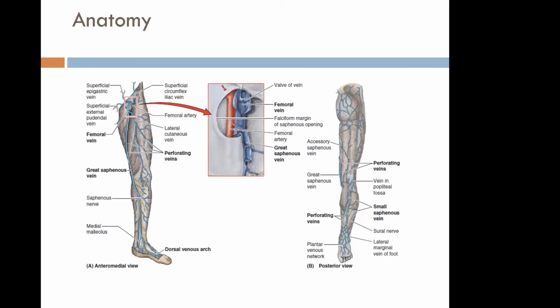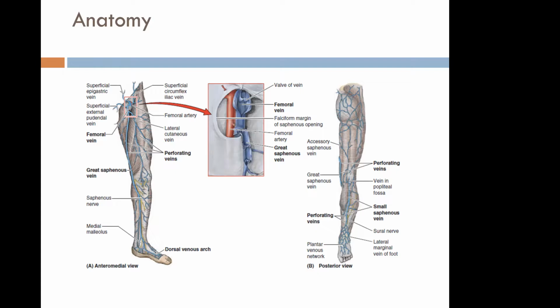We can move on. Now, most of you will recall the venous anatomy of the lower extremity: you have the superficial venous system, you have the deep venous system, and these are connected by perforating veins.